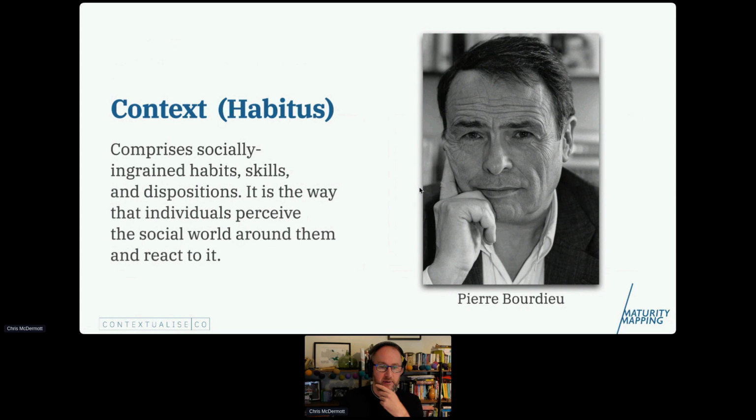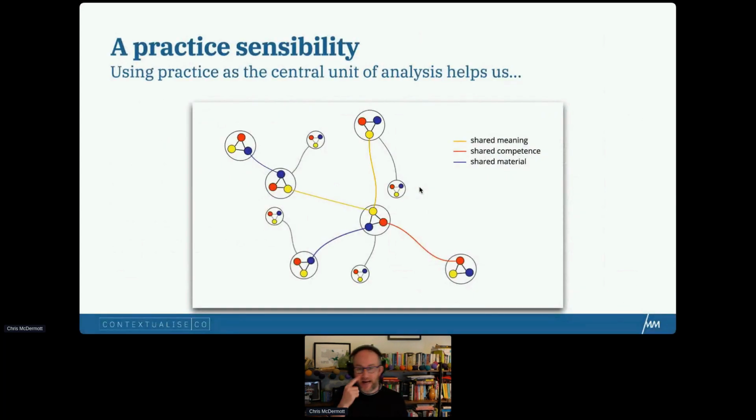Context is incredibly important. And having a practice sensibility, to use a term by practice theorist Stephen Kemmis, encourages us to see what we do as a complex dance of interrelated meanings, materials, and competencies. It helps us make sense of the world and how we believe we should act in it, how we cognise what affordances we have that enable us to act, what competence we need in order to act, and what constraints exist in that context.